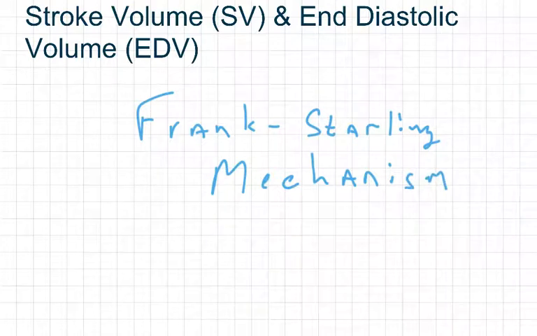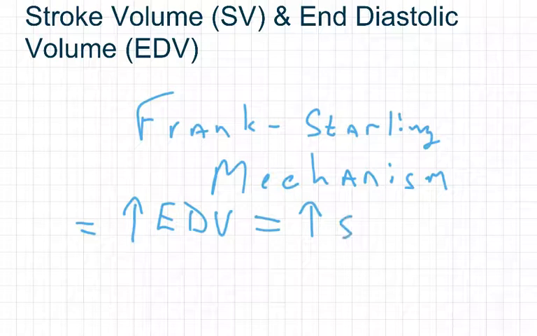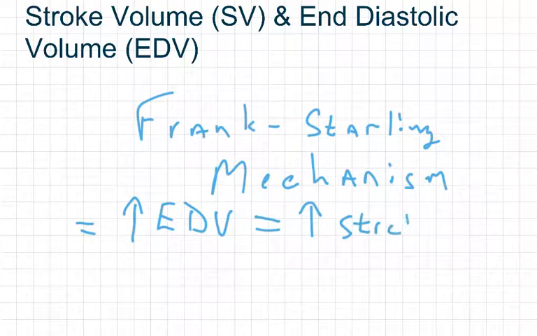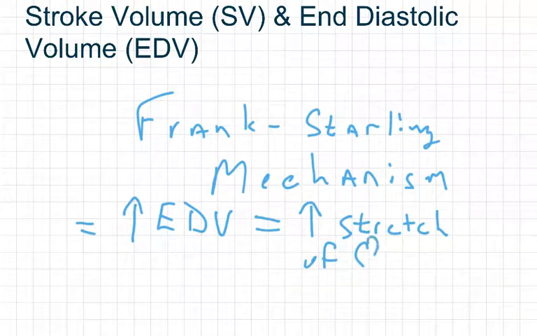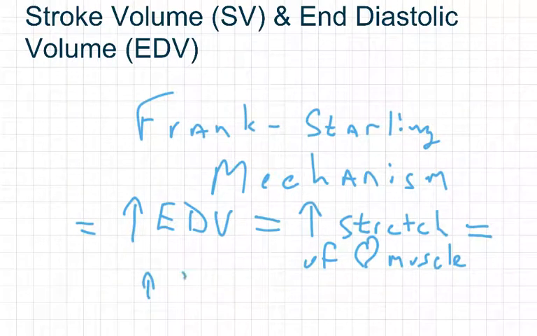Basically all this says is when you have an increase in end-diastolic volume, this will cause an increased stretch of the heart muscle. In turn, this gives increased contractility of the heart.